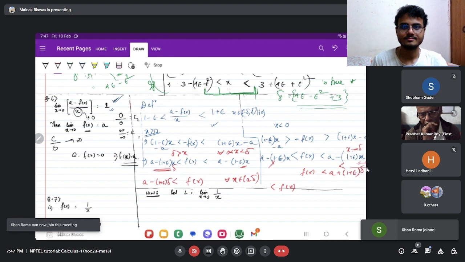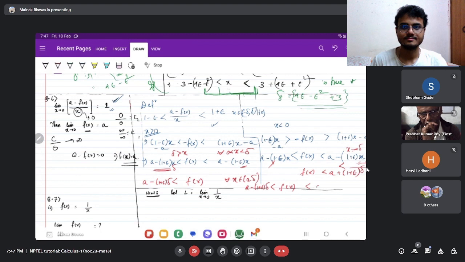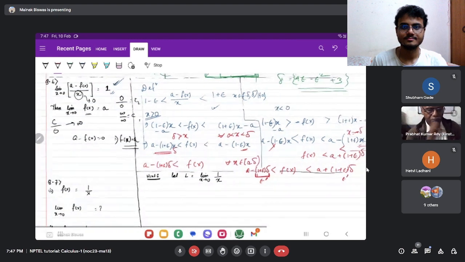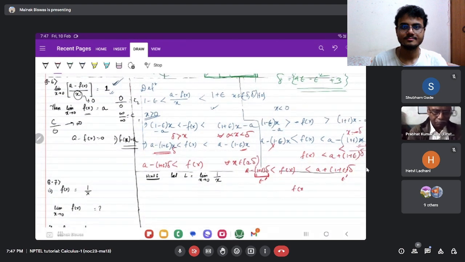So x would be between a minus 1 plus epsilon delta, between a plus 1 plus epsilon delta. So this can be your next epsilon prime, right? Epsilon prime. So now you have fx minus a less than epsilon prime. So your limit is proved to be a.